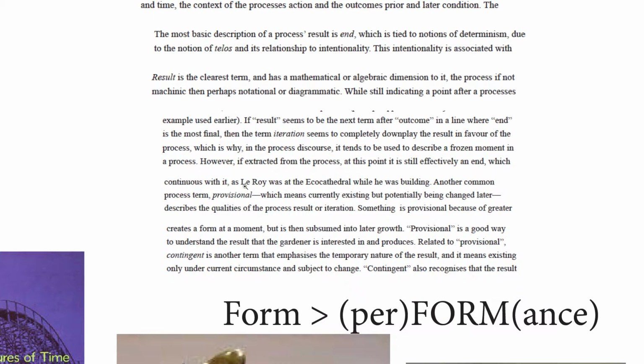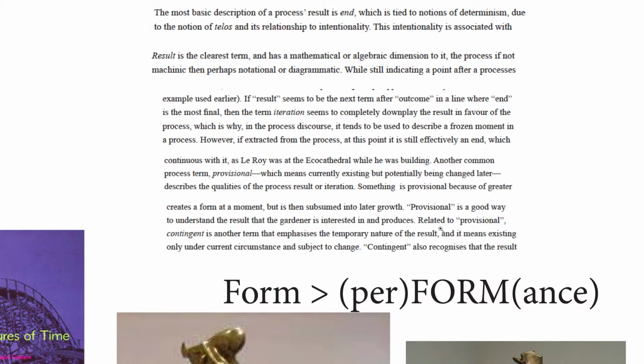The next one would be provisional, which means that something is currently existing but potentially being changed later. And so in other words, this moment, this iteration is provisional on a series of other circumstances. In a way, it's slightly predictive, but it's provisional because we're accepting that it's in a process of constant change. Whereas in iteration, we measure an iteration as it is. We might not measure something's provisional because it's on its way to becoming something else.